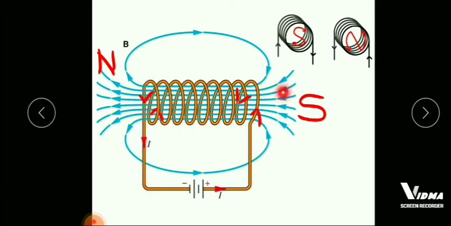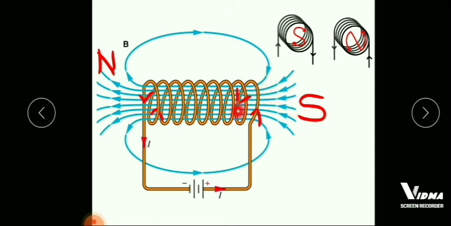If we consider each face separately, the direction of the current here is clockwise. In the previous class we studied that when the current is moving in the clockwise direction, that face acts as a south pole.